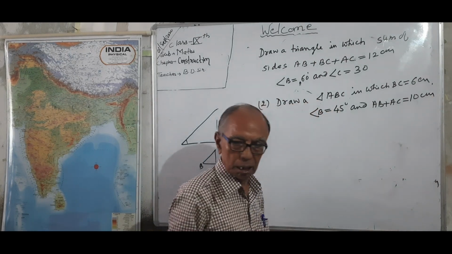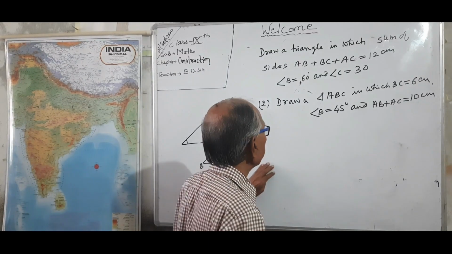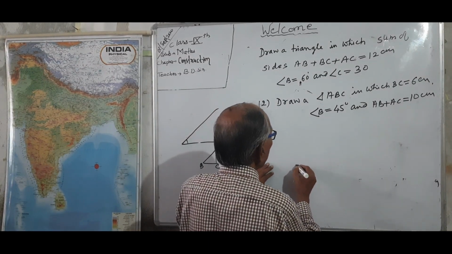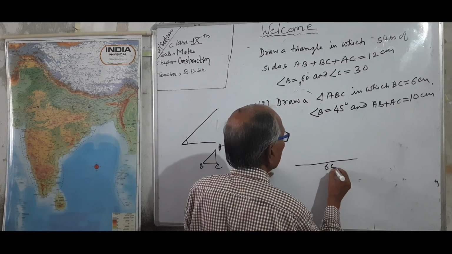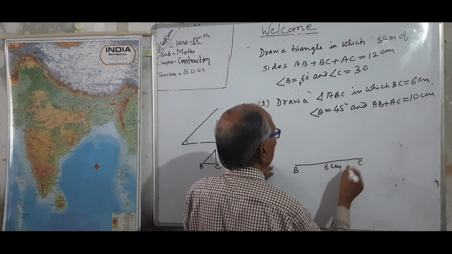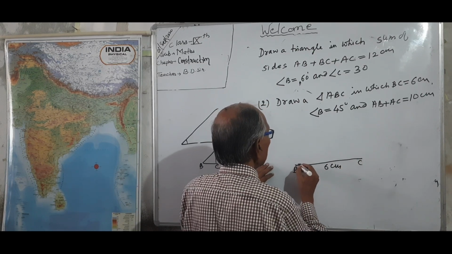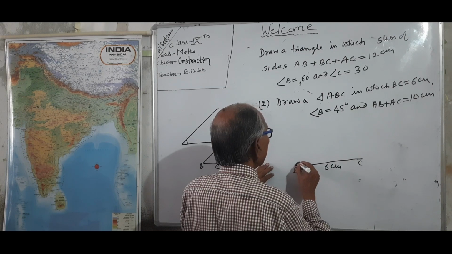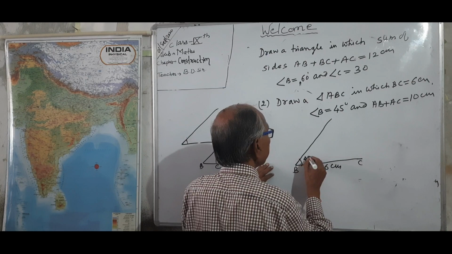Here only the sum of the two sides is given, not all three sides. For this, what will we do? We draw a straight line of length 6 centimeter, which is called BC, and on the line BC at the point B, we have to draw an angle of 45 degree.